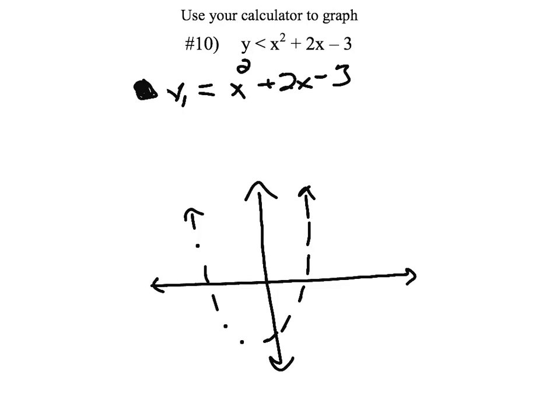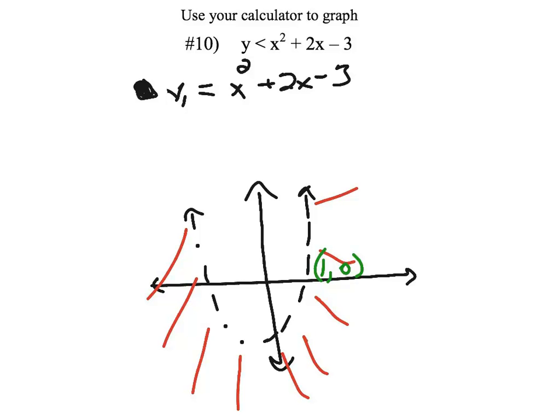If you ask your calculator for the x-intercepts, it should tell you that one of these x-intercepts is 1, and the other is negative 3.